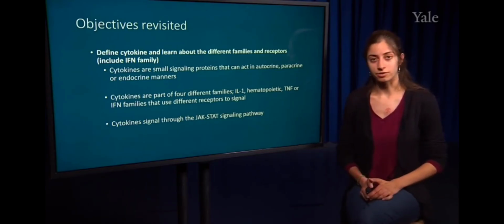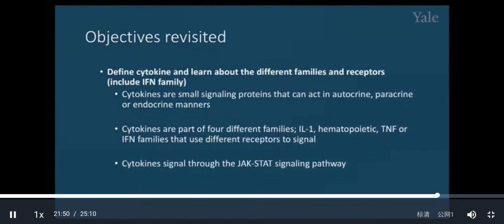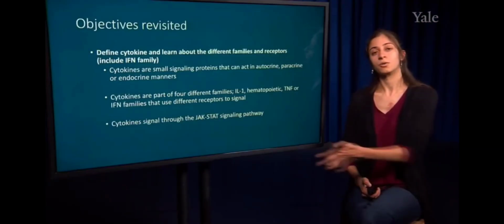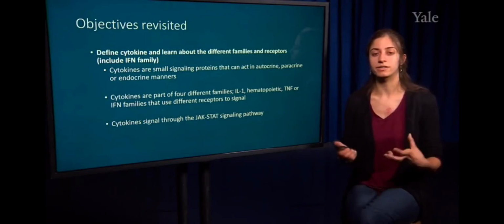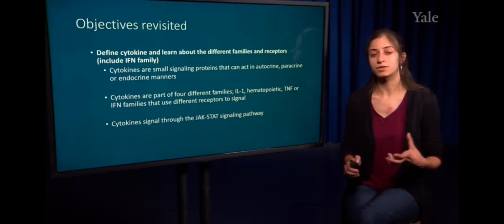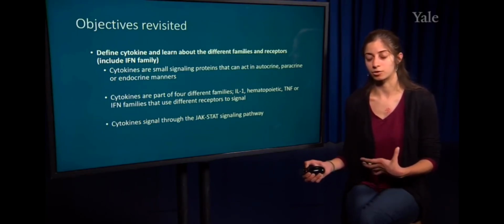Cytokines are part of 4 different families: the IL-1 family, the hematopoietic family, the TNF, and the interferon family, that all use different types of receptors to signal. We also learned that the majority of these cytokines signal through this JAK-STAT signaling pathway, which results in the transcription of genes specific for the response that the body requires.